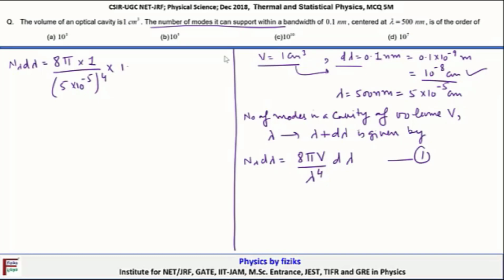If you evaluate this expression, it will come out to be equal to 4.0 into 10 power 10. Therefore, because we are asked the order, it's option C that matches our calculation. So C is the correct option here.